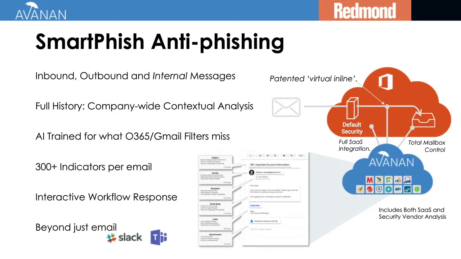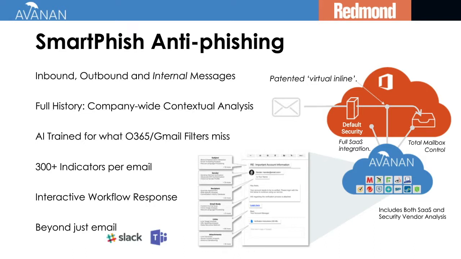So another layer of technology that we offer is our anti-phishing technology. Now, this is something that is unique to Avanan, and the reason I say this is that we have access to pretty much the entire security industry when it comes to identifying the best in each category.